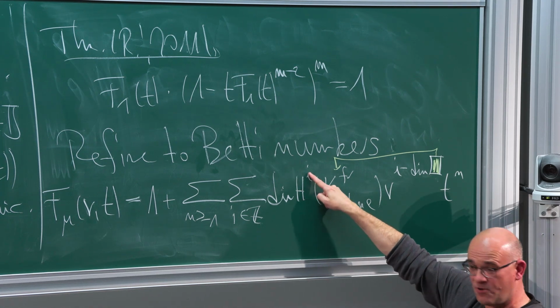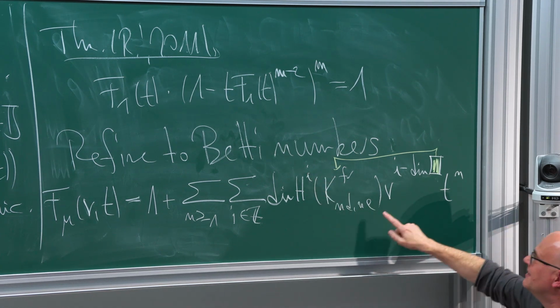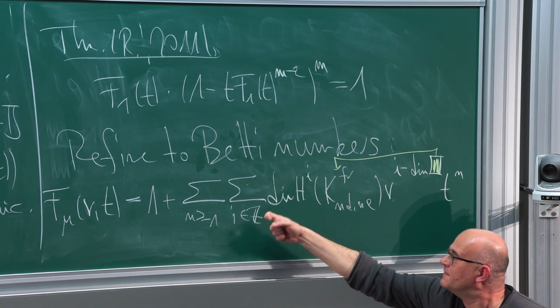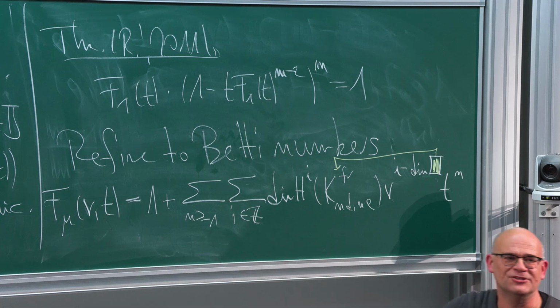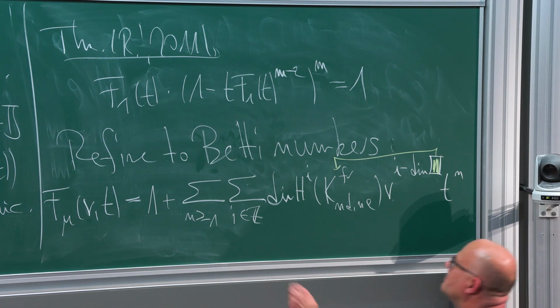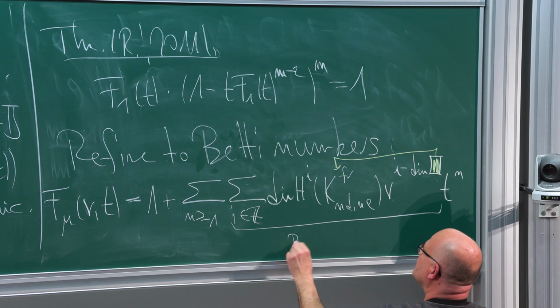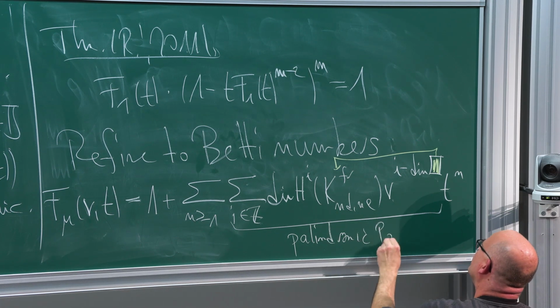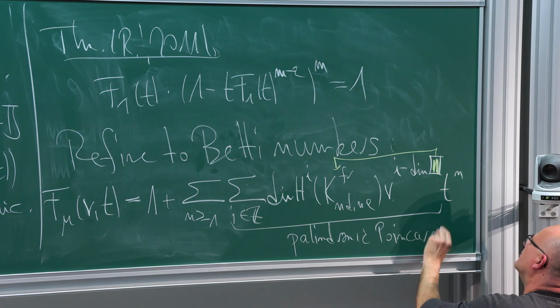And if you consider top cohomology, which is twice the dimension, then you get the coefficient of v to the dimension. And so these are a palindromic version of the Poincare polynomial. So this is palindromic Poincare.